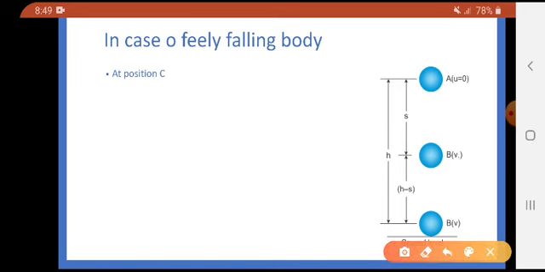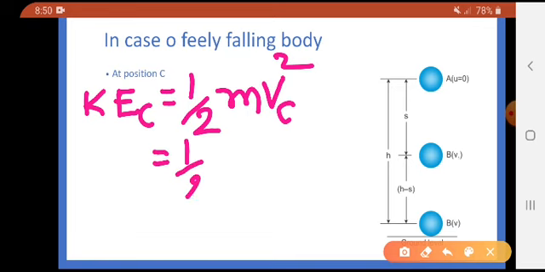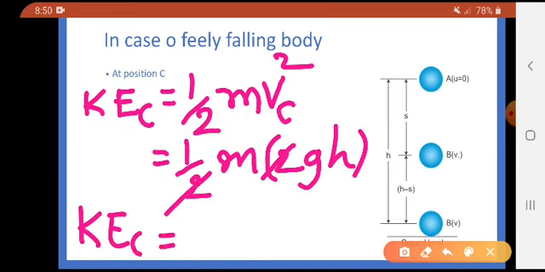Then find the kinetic energy. Kinetic energy at C equals half mvc square, half m, Vc square is 2gh. The 2 cancels, so kinetic energy at C is mgh.